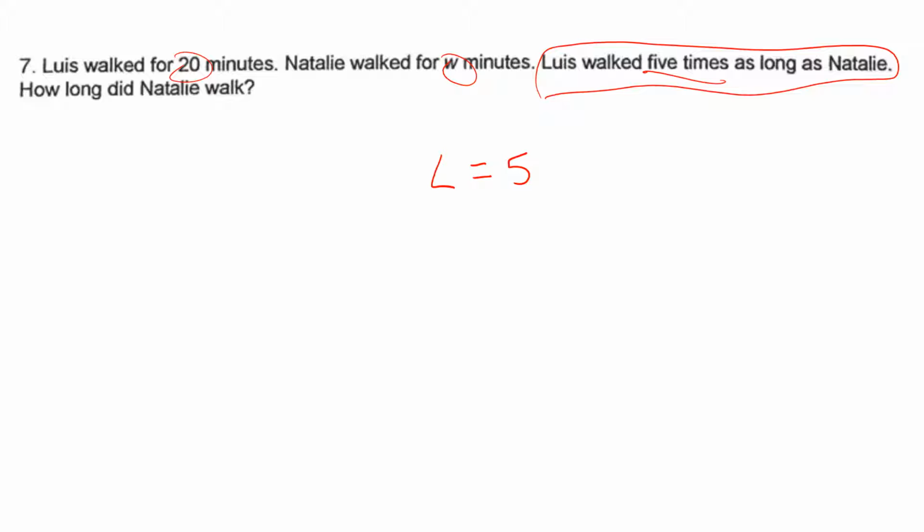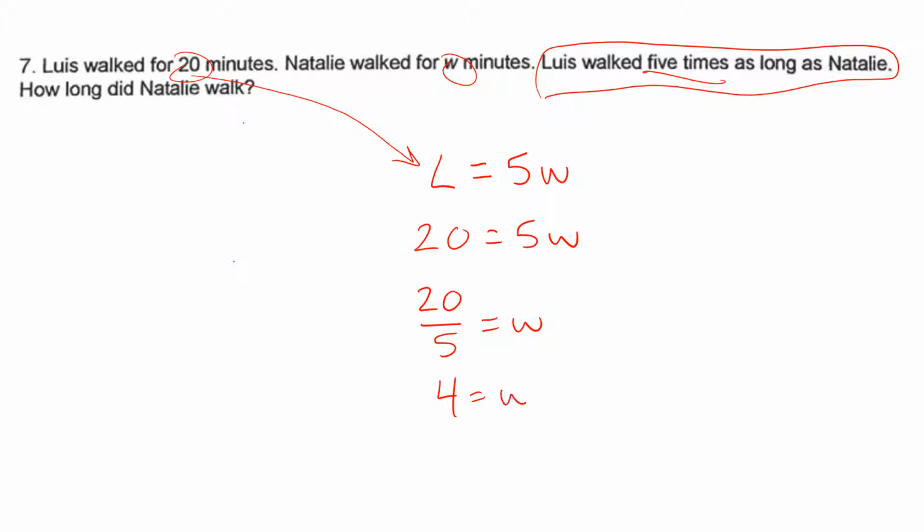And Natalie is W. So Luis is 5 times W. Well, if I also take that 20 right there and put it there, which is Luis, I get 20 equals 5 times W. And then if I solve for W, it's 20 divided by 5. That is what W is. So that is 4 equals W.